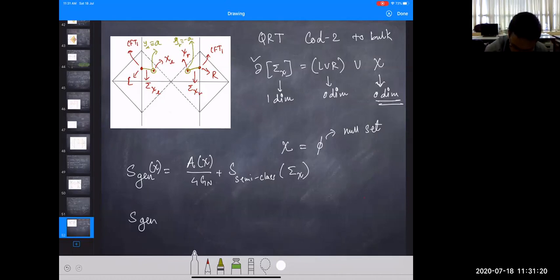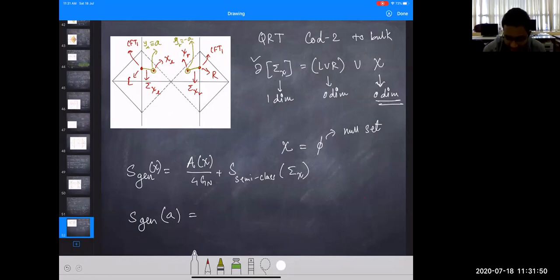S generalized is a function of the extremal surface. The extremal surface here is just given by a. The only parameter to extremize over is a. I have to vary a. In principle, I can vary in time also, so it should really be something like a comma t, where I vary both of these parameters. But I'll not do that.